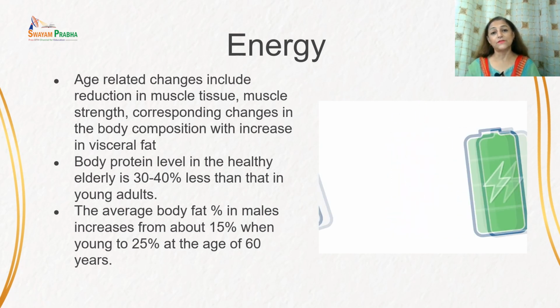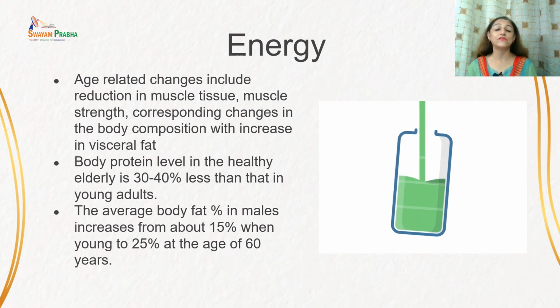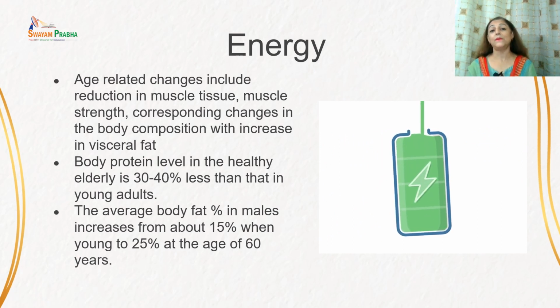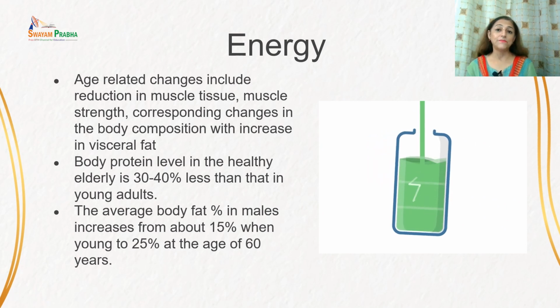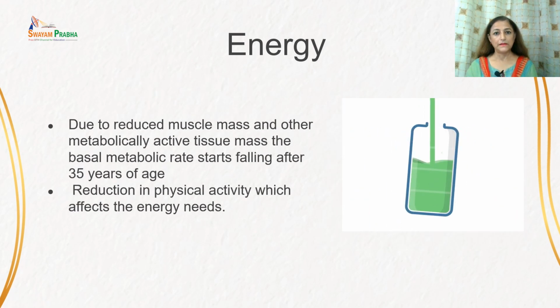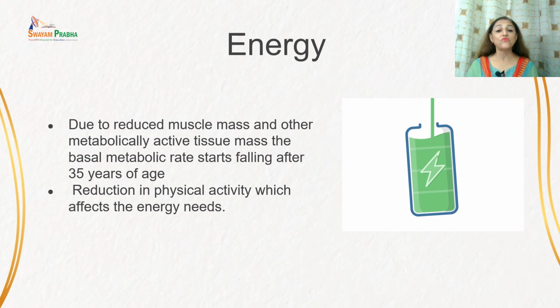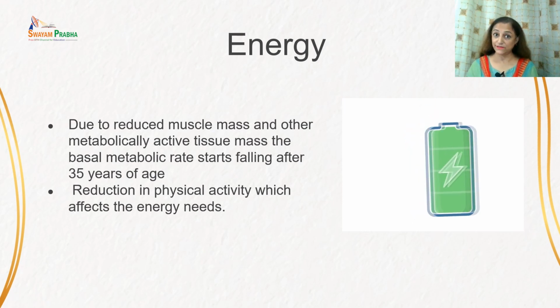So if the fat percentage was 15% when the same man was 25 years old, once he becomes 60, it could go as high as 25%. As a result, due to reduced muscle mass and other metabolically active tissue mass, the BMR, basal metabolic rate, starts falling after 35 years of age.